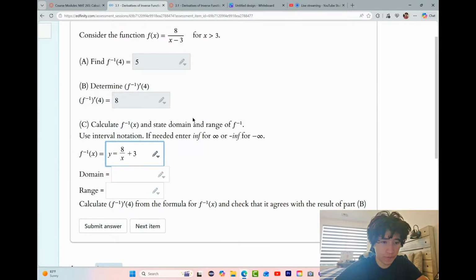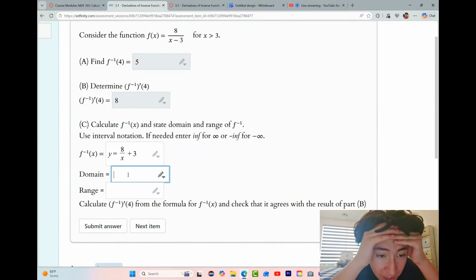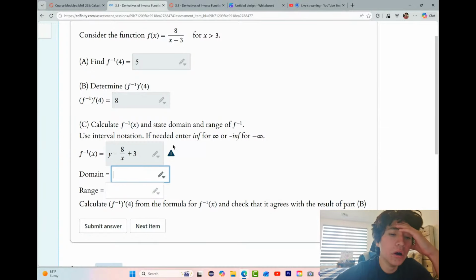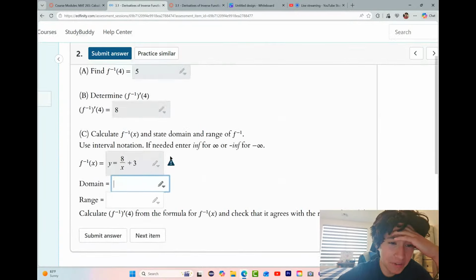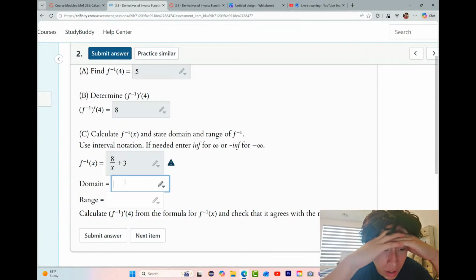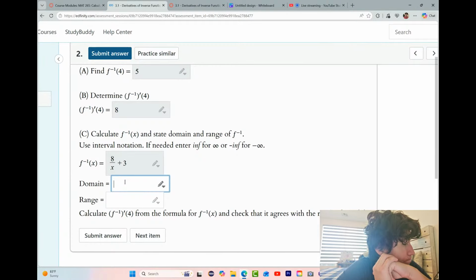Plus 3. Domain. What's the domain here? Well, I think the domain can be anything, right? Oh, well, I mean, it can't be 0.